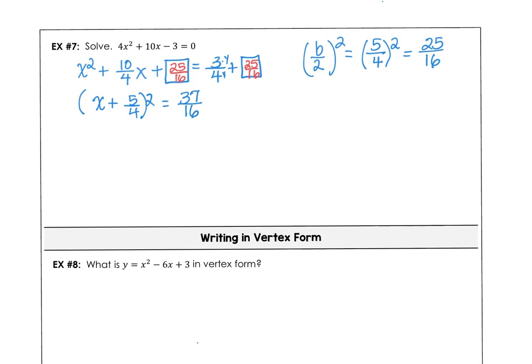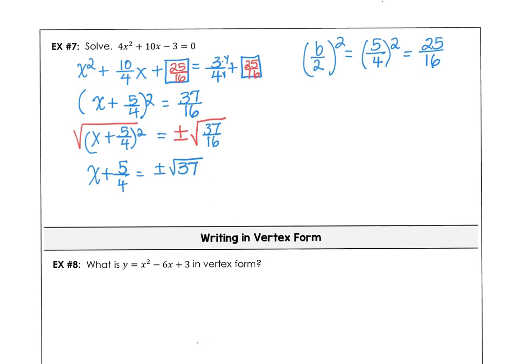Next, we want to take the square root of the left and the plus or minus square root of the right. x plus 5/4 quantity squared under the radical gives us x plus 5/4. And 37/16 under the radical gives us plus or minus radical 37 on the top, and the square root of 16 is 4 on the bottom.